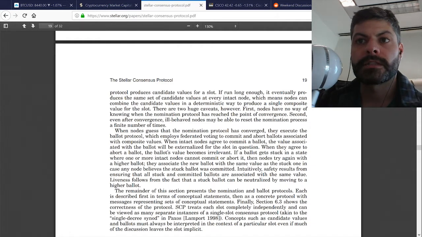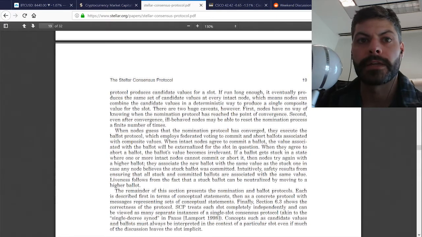If a ballot gets stuck in a state where one or more intact nodes cannot commit or abort it, then nodes try again with a higher ballot. They associate the new ballot with the same value as the stuck one in case any node believes the stuck ballot was committed. Intuitively, safety results from ensuring that all stuck and committed ballots are associated with the same value. Liveness follows from the fact that a stuck ballot can be neutralized by moving to a higher ballot.